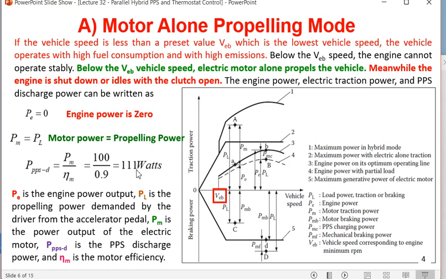If PPS is producing 111 watts, then 100 watts will come to the motor and the motor will be able to supply the load with 100 watts. This happens as long as the speed of the vehicle has not picked up to VEB, which we have assumed to be 20 km per hour. This is a very special case which you have not seen previously. This is the motor alone propelling mode.